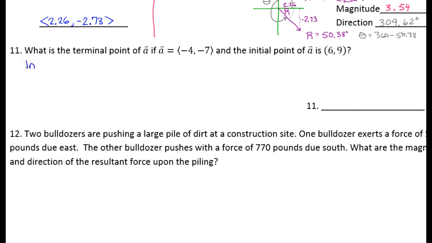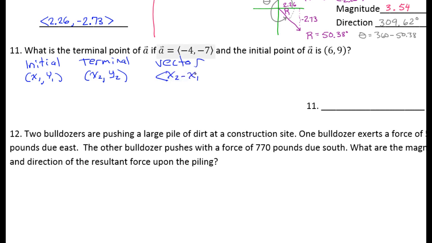If the initial point is the point x1, y1, and the terminal point is the point x2, y2, then the way that you find the component form of the vector is you do x2 minus x1, comma y2 minus y1.